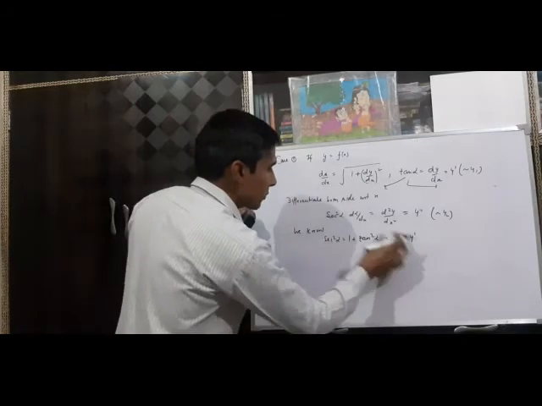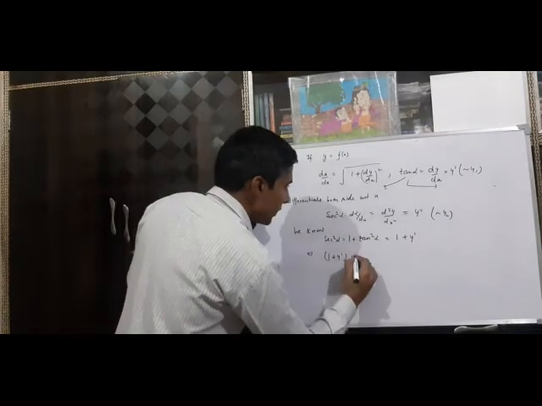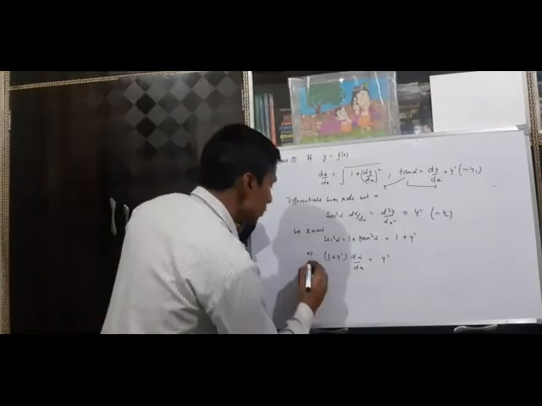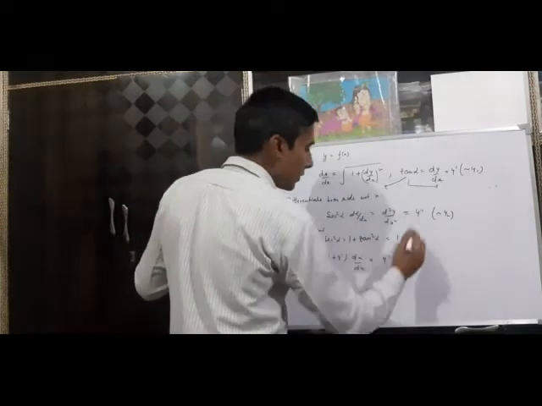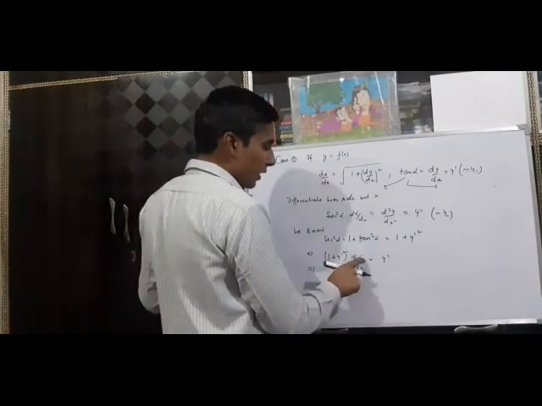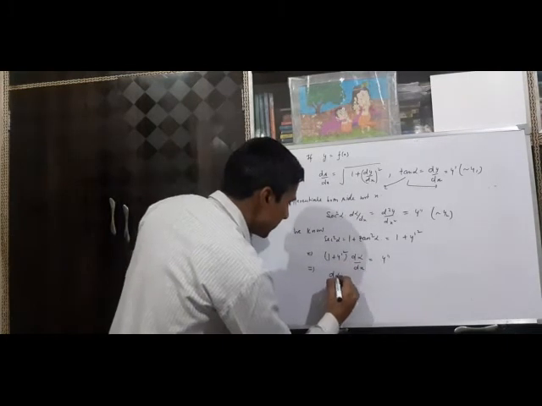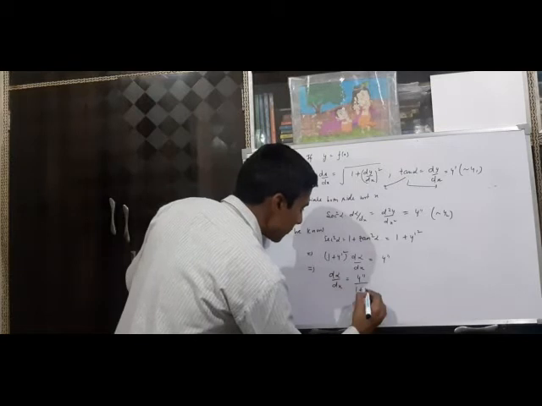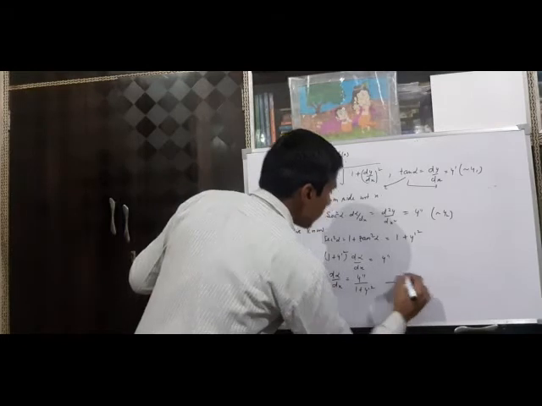So using this expression, we get 1 plus y prime square times d alpha by dx is y double prime. So here we get d alpha by dx is y double prime upon 1 plus y prime whole square. This is equation number 1.